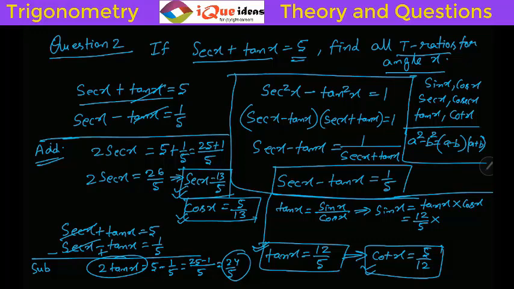Cos x value, we have already calculated, it is 5 by 13. So if you put here, 5 and 5 get cancelled and we have 12 by 13. Perfect. So we have sin x is equal to 12 by 13. And by taking inverse of that, we have cosec x, which is equal to 13 by 12. Right? So we have calculated all the trigonometric ratios for x.